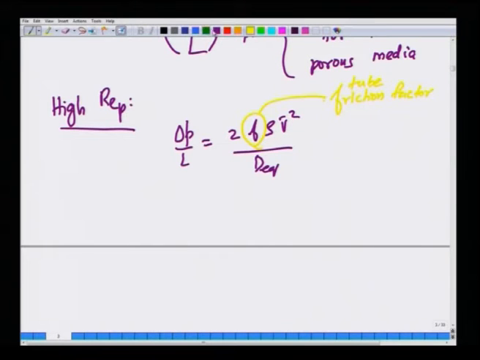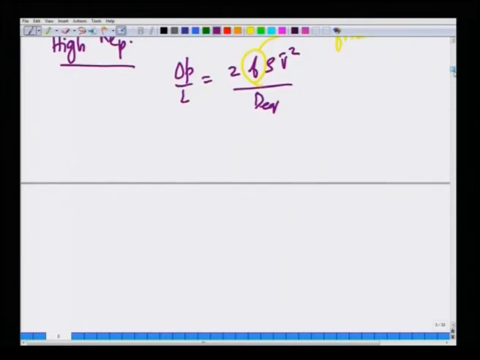Now, we can therefore write delta P by L is 2 F. Now, we will put a constant lambda 2, and then we will fit the constant based on experiments.